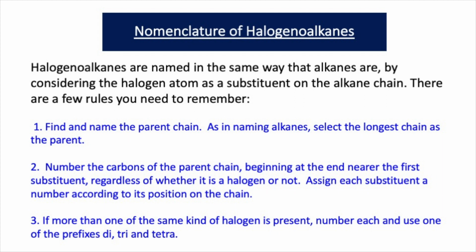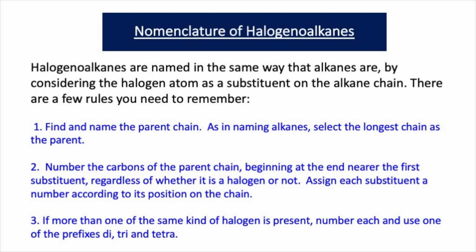Now, the final thing to remember when naming a halogenoalkane is to put the substituents in alphabetical order. So bromo comes before chloro because B comes before C in the alphabet, and chloro comes before ethyl because C comes before E in the alphabet.